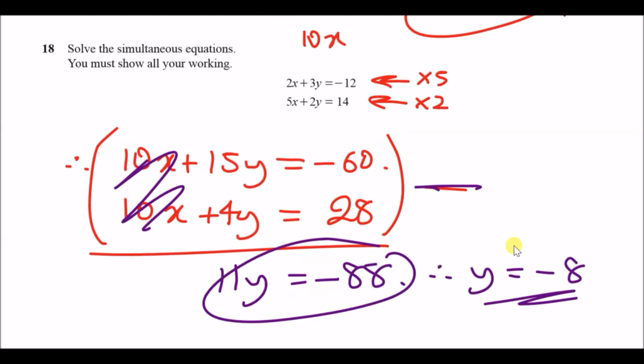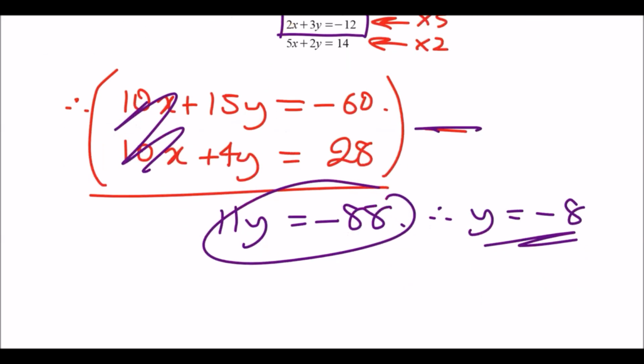Now this is straightforward. Since you've got the value y, you can essentially plug it into any equation you see. So I'm going to plug into the first equation, just for convenience's sake. So we've got 2x plus 3y equals minus 12. So instead of y, we're going to replace it with minus 8. So 2x plus 3 times minus 8 equals minus 12.